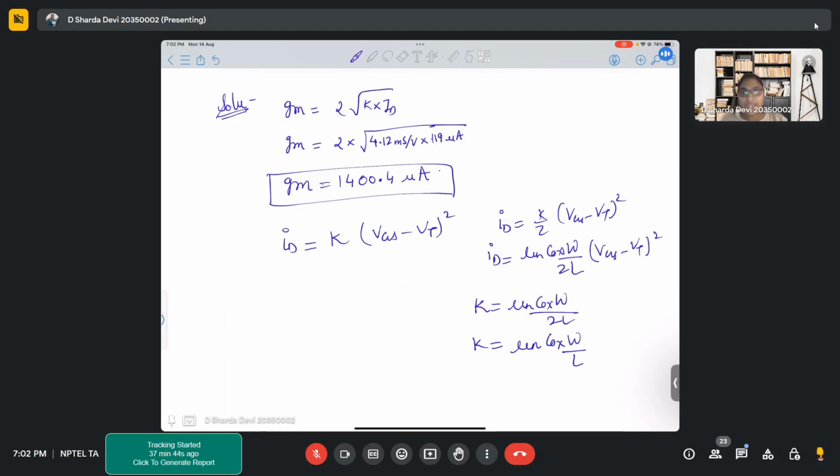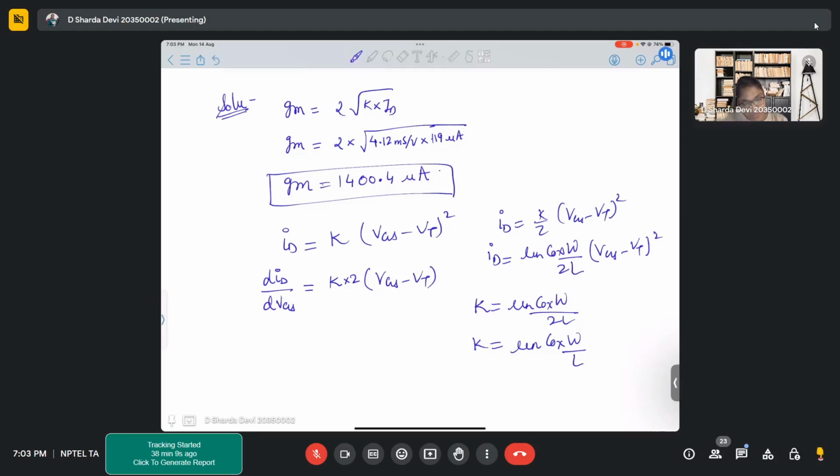Just to check, when I am doing this I am taking k, not k by 2, and doing the derivative of that, which is giving me 2k(VGS minus VT), and while solving for that, it is giving me around 935 micro as the gm.